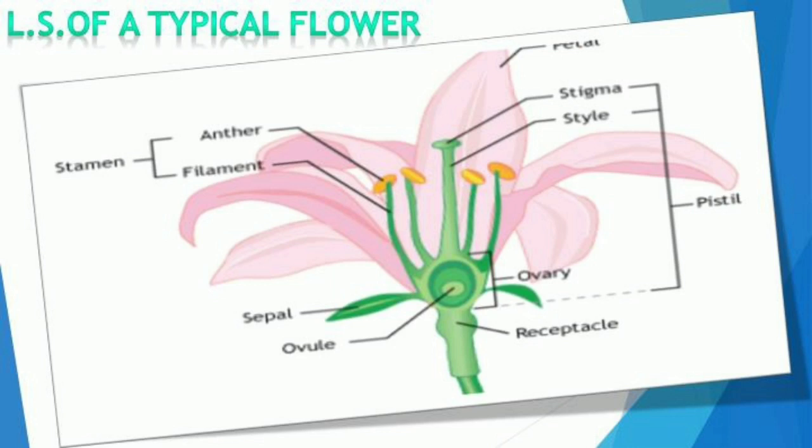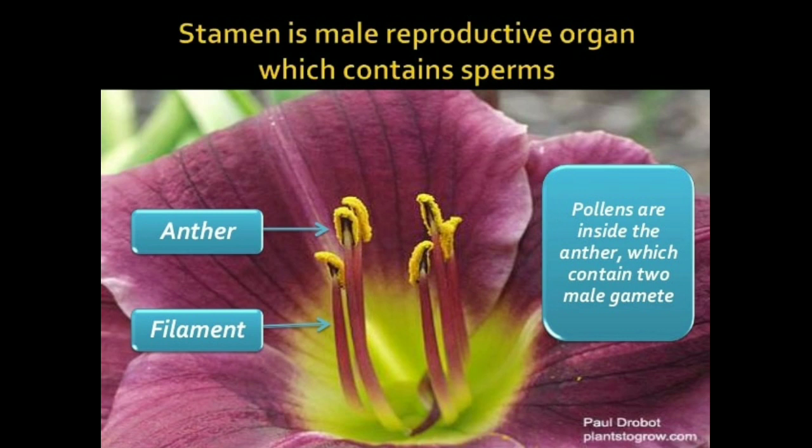Next we have the male reproductive part, that is stamen. The stamen includes two different parts, that is anther and filament. The yellow colored portion is the anther and the tube-like structure is the filament.